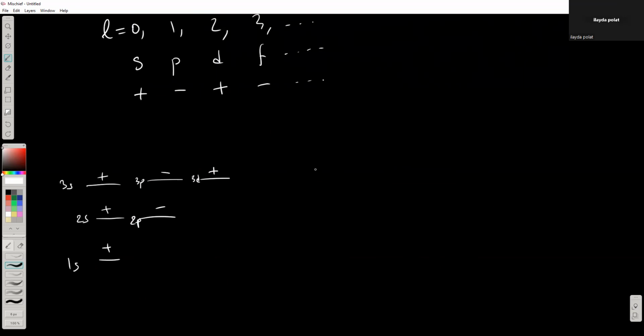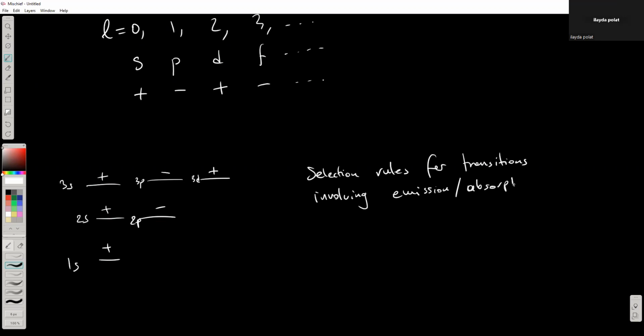There are these selection rules that I need to write down here. Selection rules for transitions involving, let's say, emission or absorption, it doesn't matter which one, of one photon.